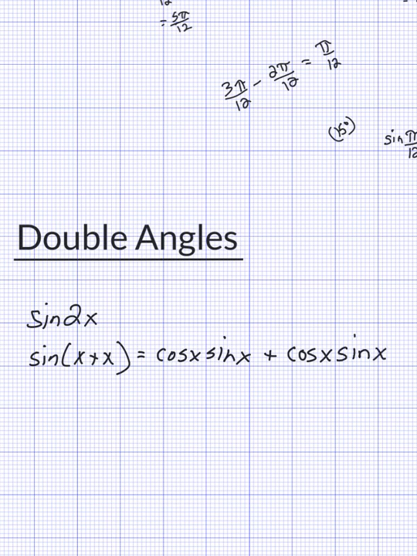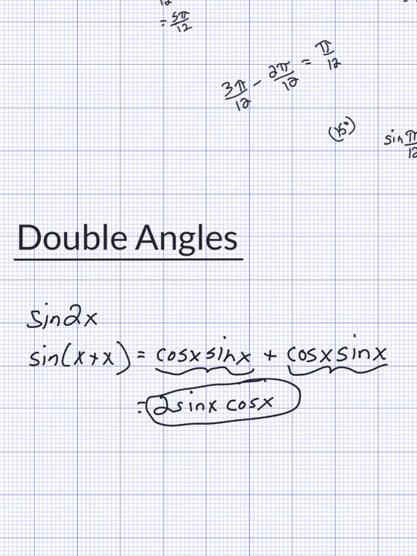Since the first one and the second one are the same, this term and this term end up being the same thing. This is just equal to 2 cos x sine x, or, for some reason I wrote cos before sine, which is not normal, 2 sine x cos x. So sine of any 2x is 2 sine x cos x. That's just a special case of our compound angles for sine.